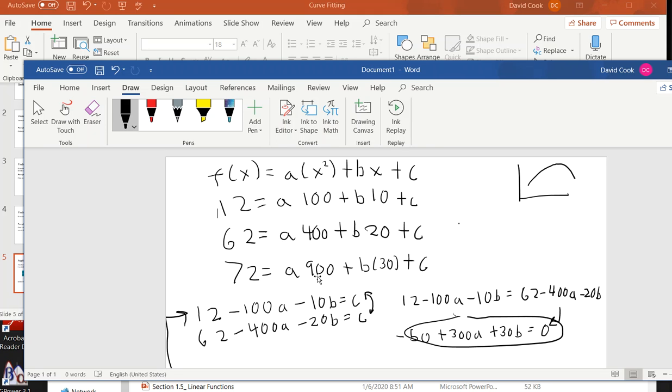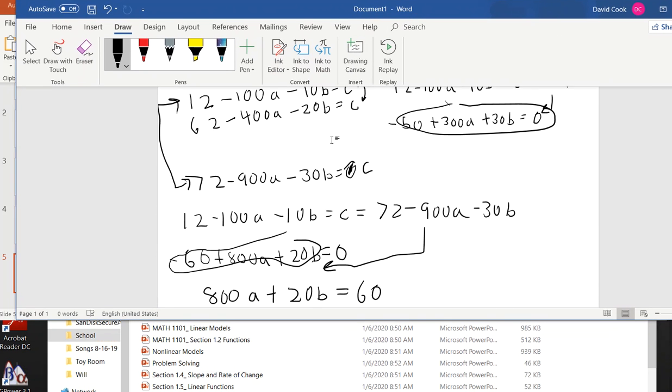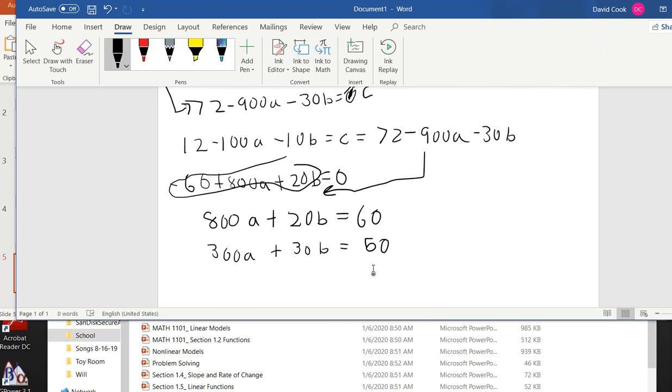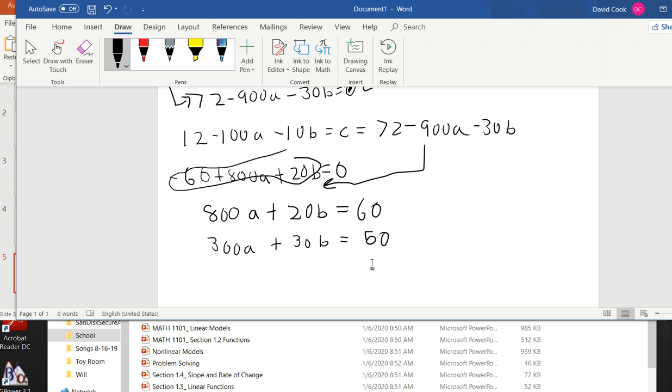Then I solved the first 2 equations for C, set them equal to each other, and I got this equation here. Then I solved for C on the third equation, set the first and third one together, and solved, and I got this equation here. So now I'm down to these 2 equations that you see right here.